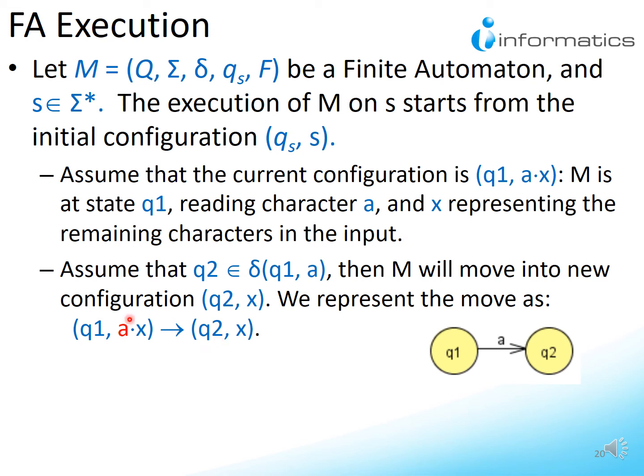A is considered processed already, so it is removed from the input, and the input is left with only the string X. In this way, X inside the input reader gets shorter and shorter and eventually becomes an empty string. At that time, the machine stops.